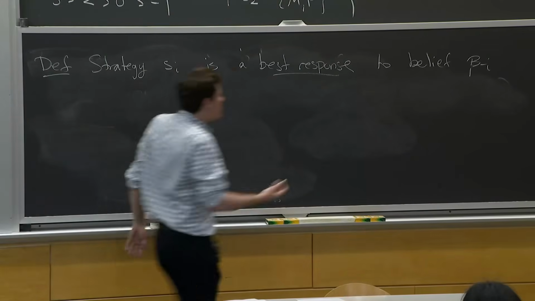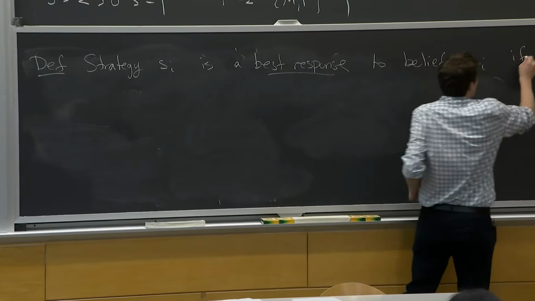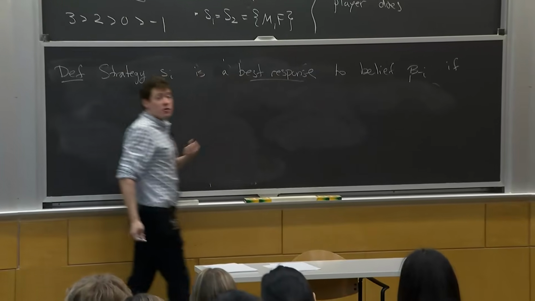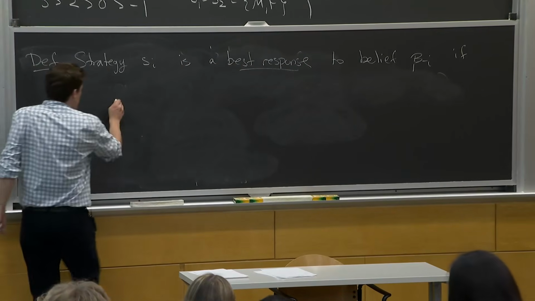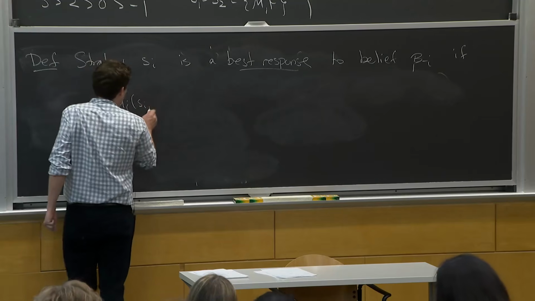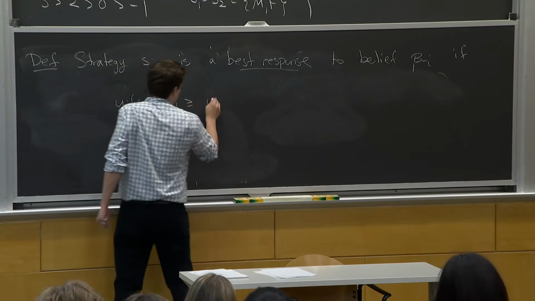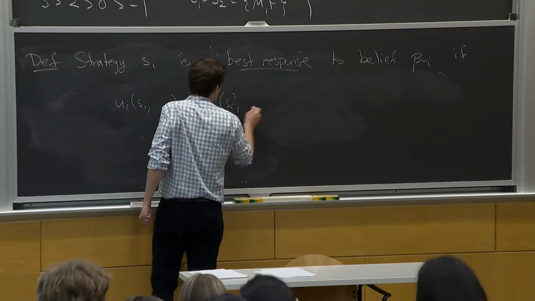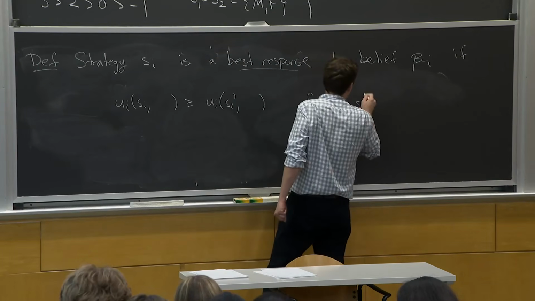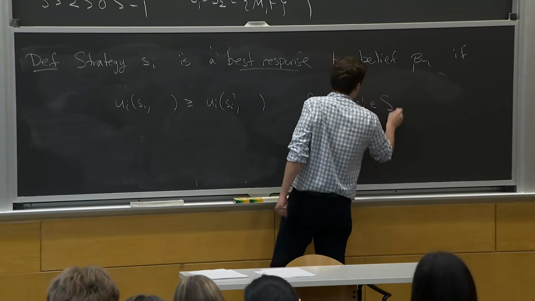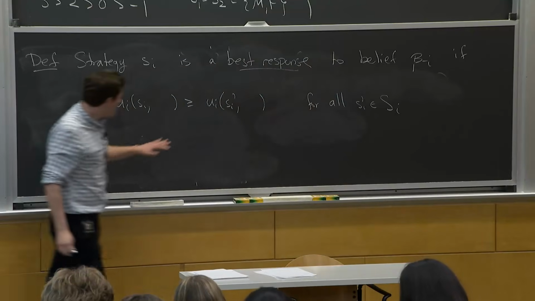If, well, what do we need? Well, we want Si to do better than any other strategy given the belief. So we need UI of Si, I'll fill it in a second.